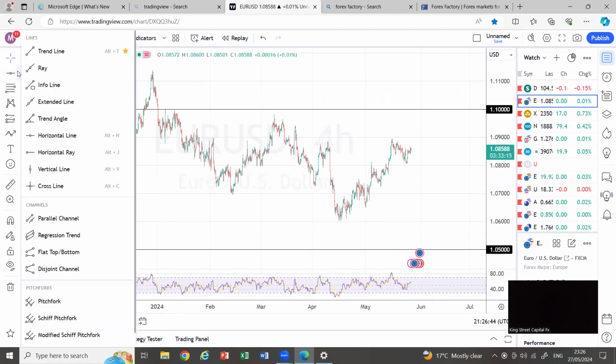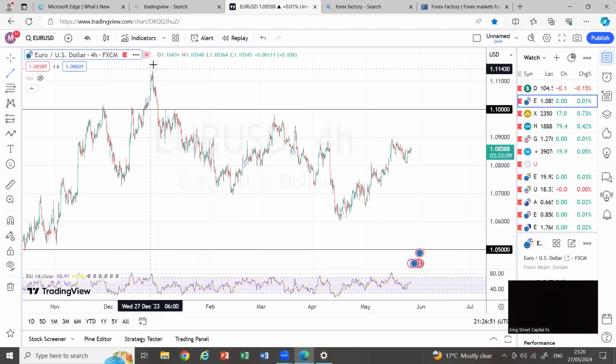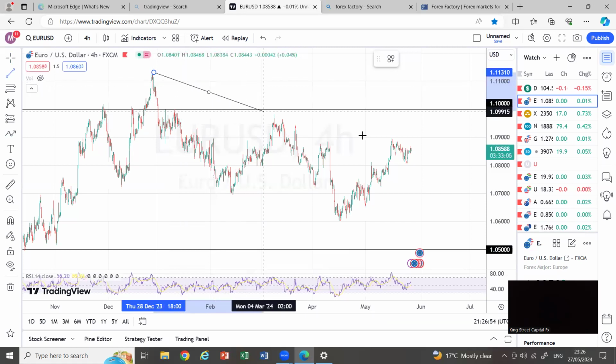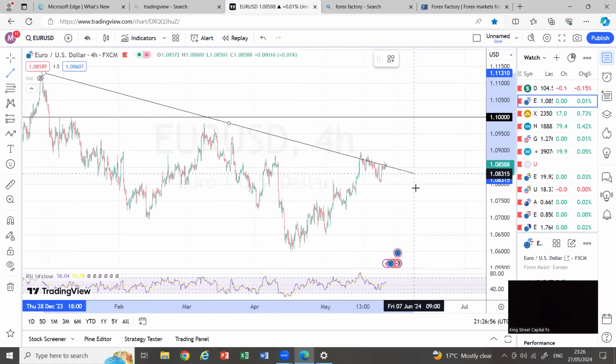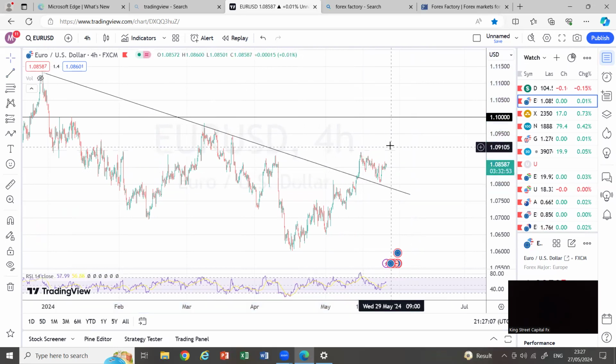All right, so trend line. Let's start with a trend line. All right, so that one is very ugly. So let me just get this level drawn up. As I said, always have as many touches as you can. This looks like a good level.